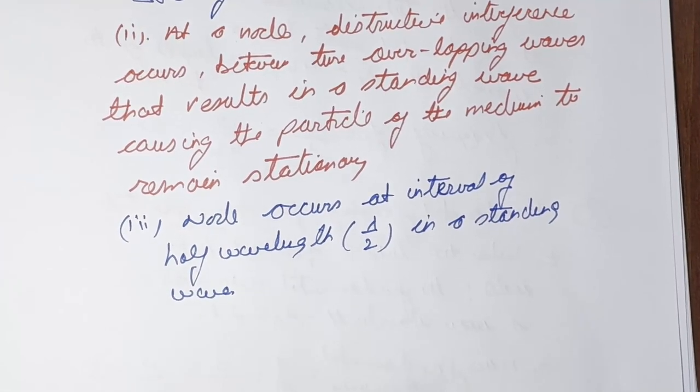So these are the three characteristics. There are many characteristics, but these three are important ones, especially directly related with this question. Now let us try to understand the meaning of a standing or stationary wave.